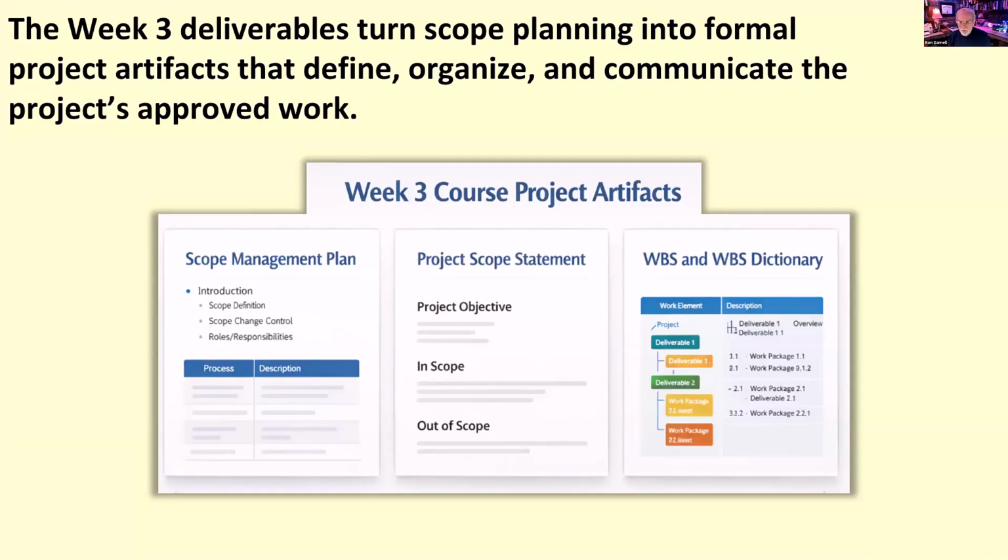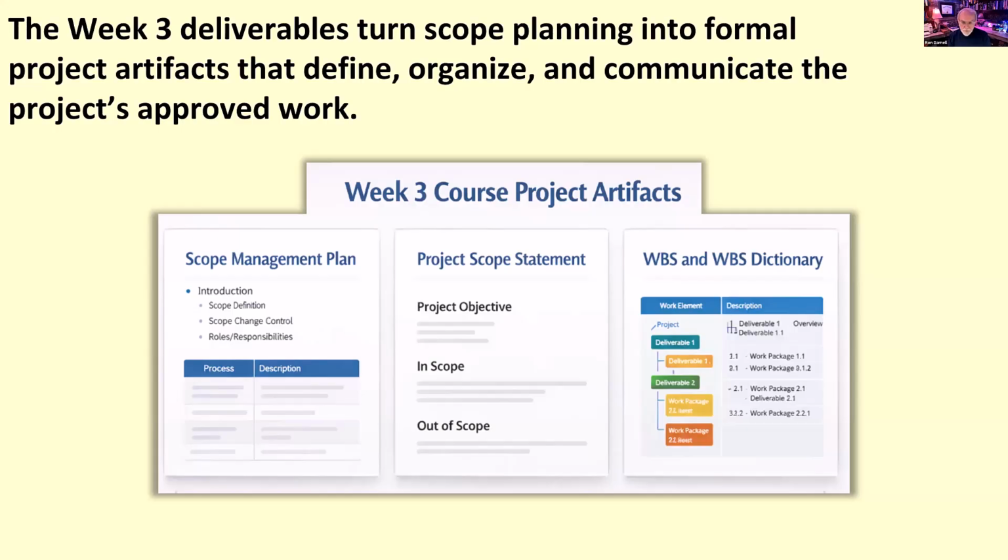Again, the scope management plan explains how the scope will be developed, verified, and controlled. The project scope statement formally defines major deliverables, boundaries, assumptions, and constraints of the project. The WBS and the WBS dictionary then organize and clarify the project work so it can be understood and managed more effectively.